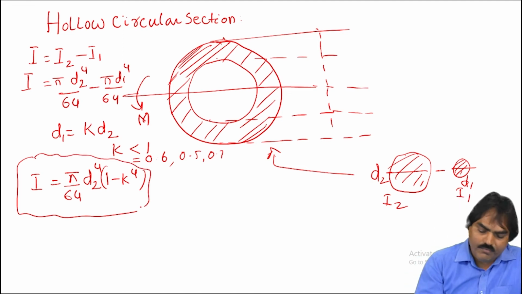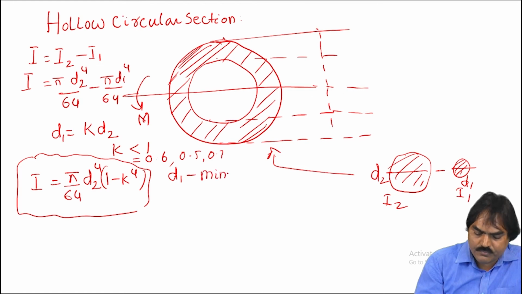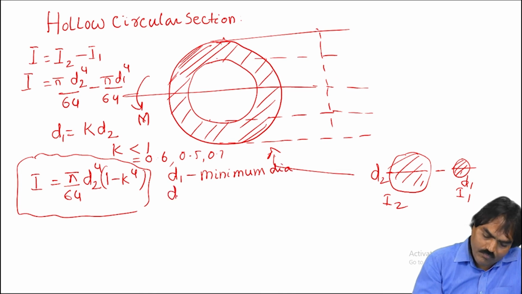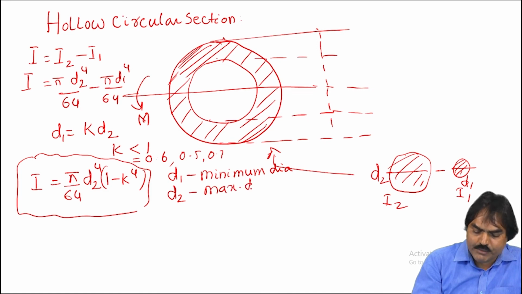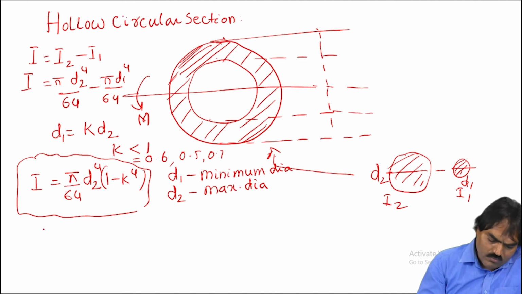where D1 is the minimum diameter, D2 is the maximum diameter. Then sigma, the normal stress, is given by M by I into y.